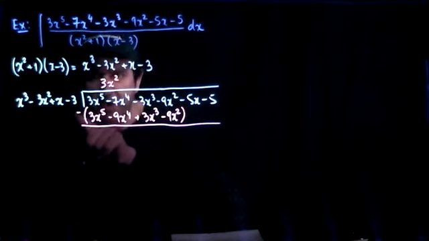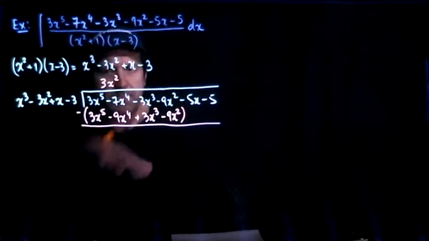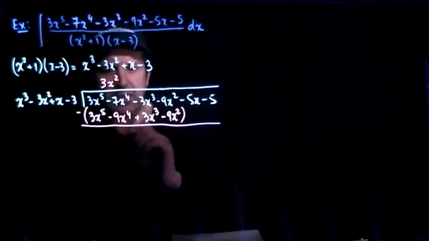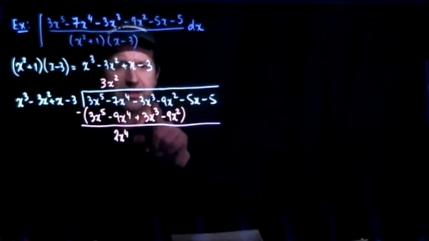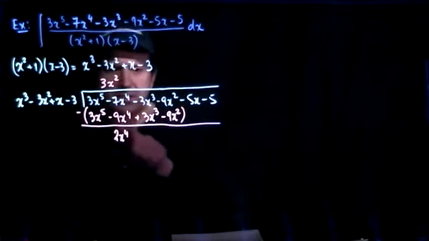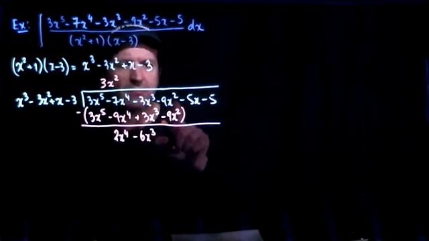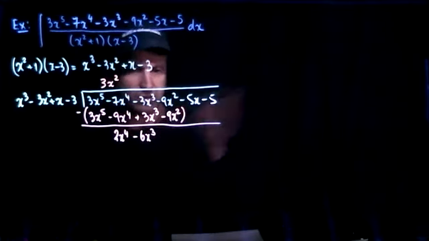And so 3x^5 minus 3x^5 disappears. Negative 7x^4 minus (-9x^4) is plus 2x^4. Then negative 3x^3 minus 3x^3 is negative 6x^3. And negative 9x^2 minus negative 9x^2 disappears.